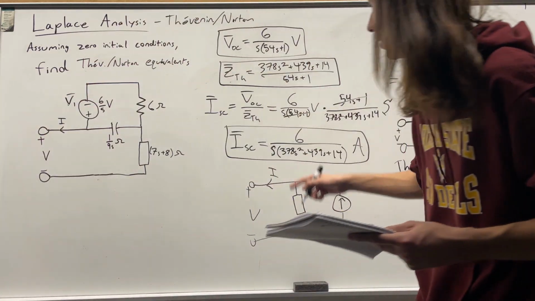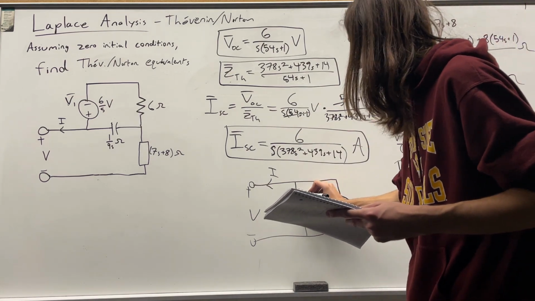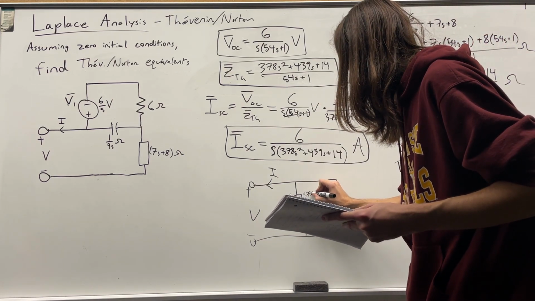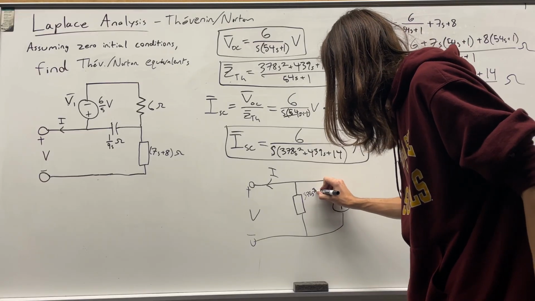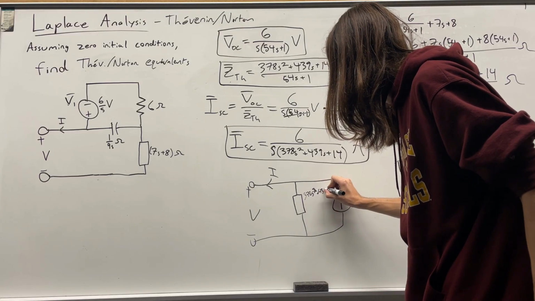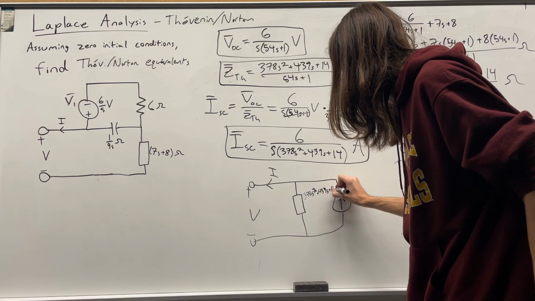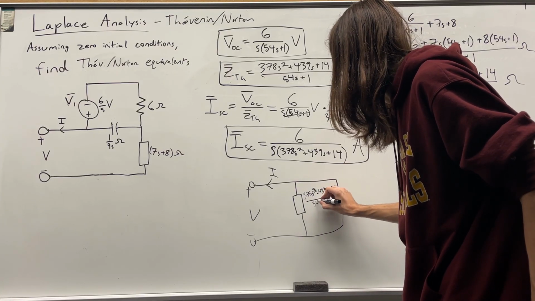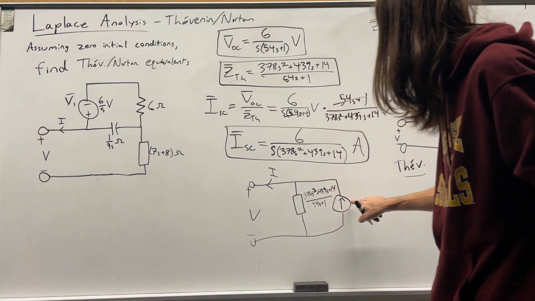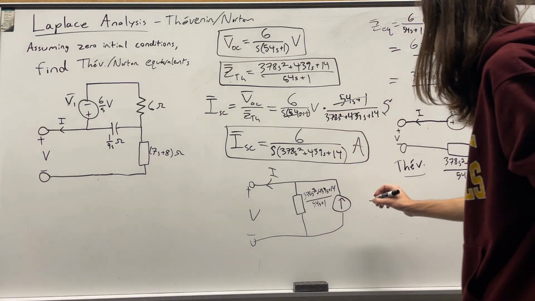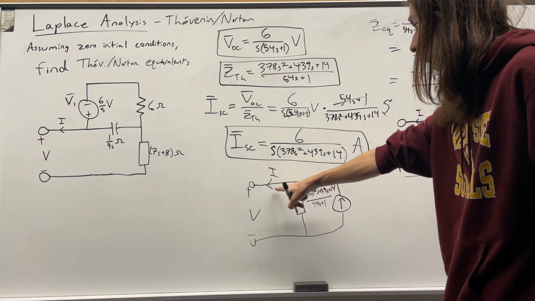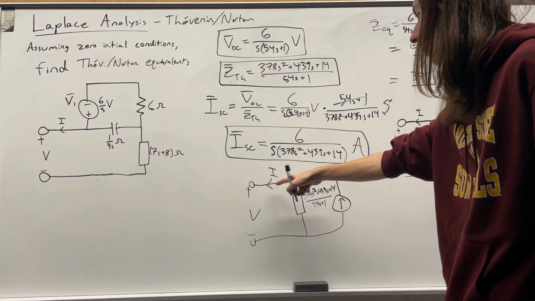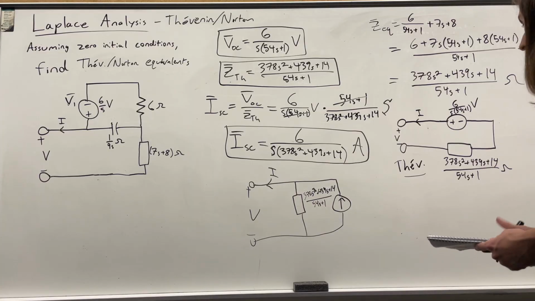And then the value of the impedance is just going to be our Z Thévenin, 378 S squared plus 439 S plus 14 over 54 S plus 1. And the value of the current source is ISC, because we have the arrow pointing in the same direction as the way we've defined I there.